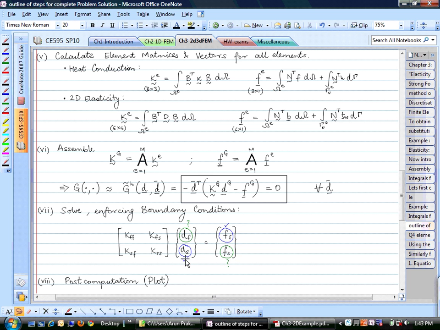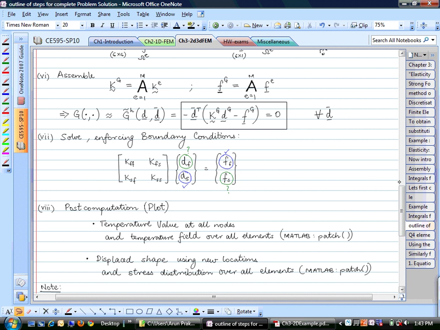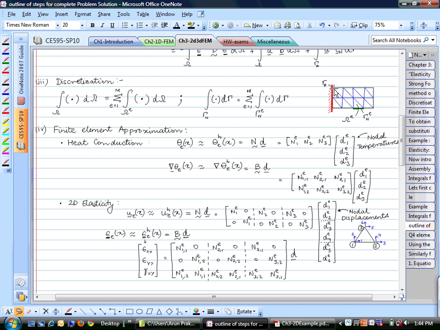And once you have this solution, you can also do some post-computation. Post-computation in 2 dimensions means that you are going to plot the temperature value at all the nodes. So what does that mean? You are going to plot the value of the temperature at each of these nodes. And typically, we also generate a color plot, and the MATLAB command that you will find helpful in this case is called patch.